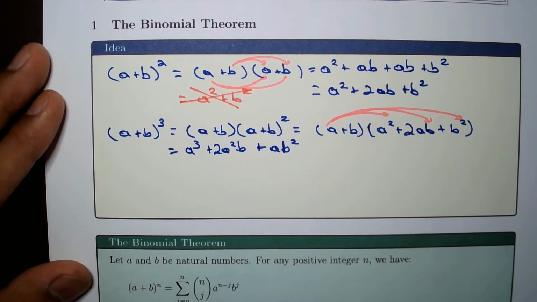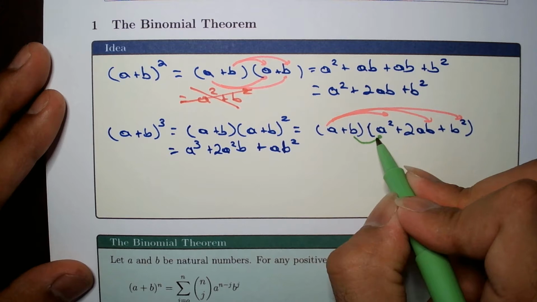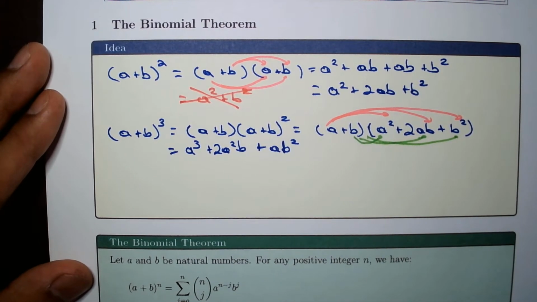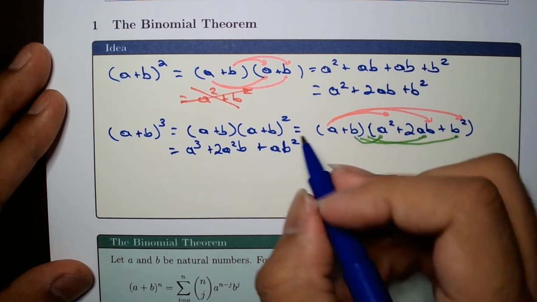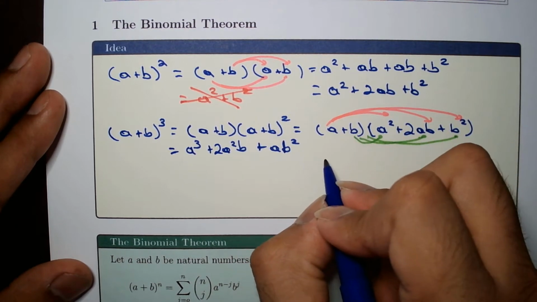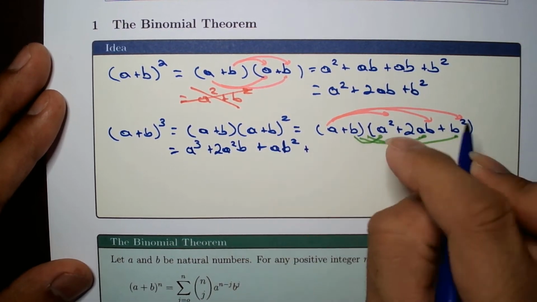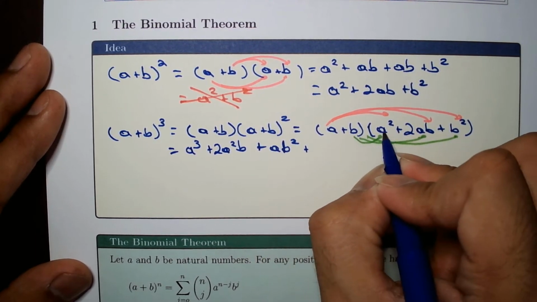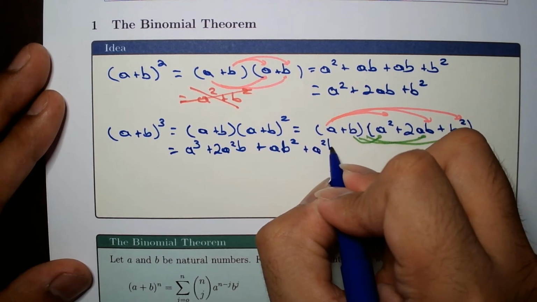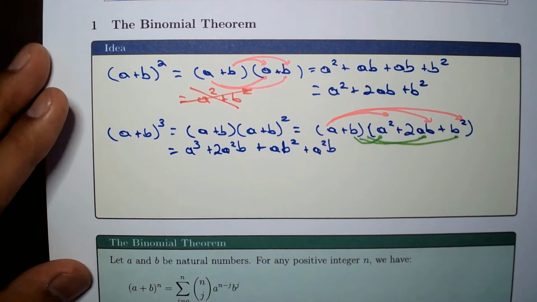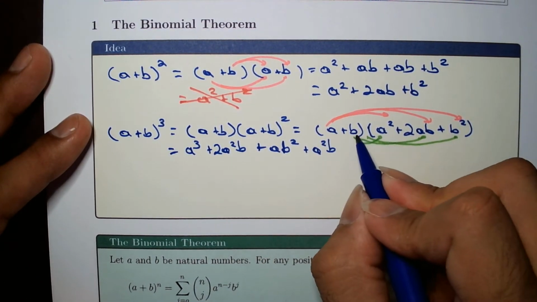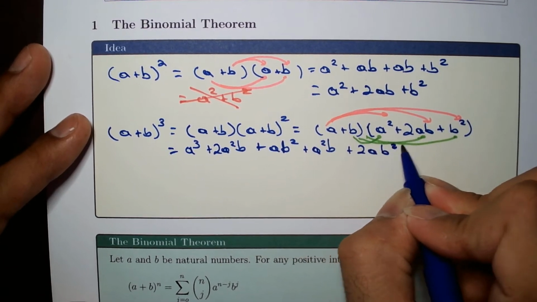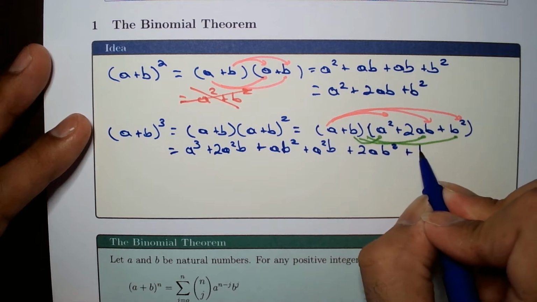And then finally, b times a squared, I'm just going to write them in alphabetical order, a squared b, and then b times 2ab, that's plus 2ab squared, and then b times b squared, that's b cubed.